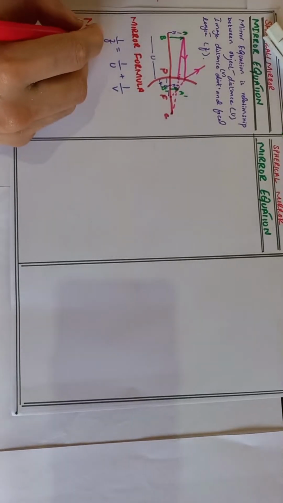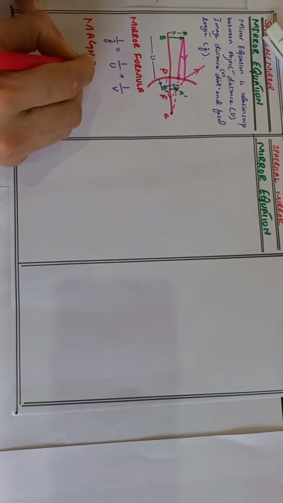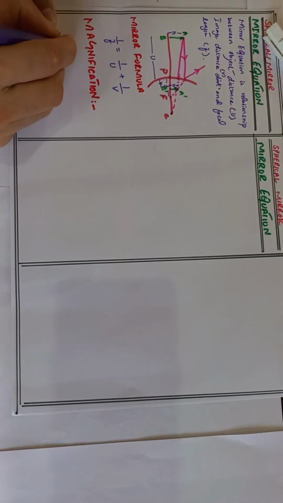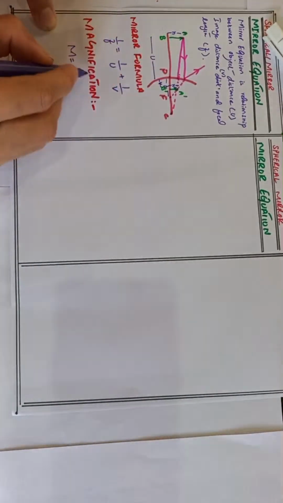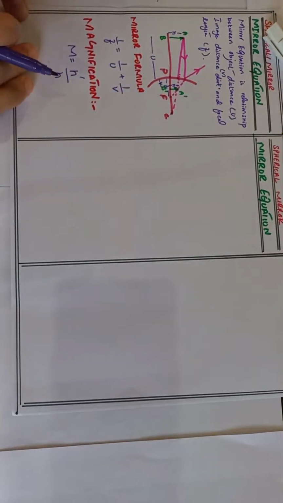Okay, we also find the magnification. How to find the magnification in the convex mirror? We use the formula: height of the image over height of the object.